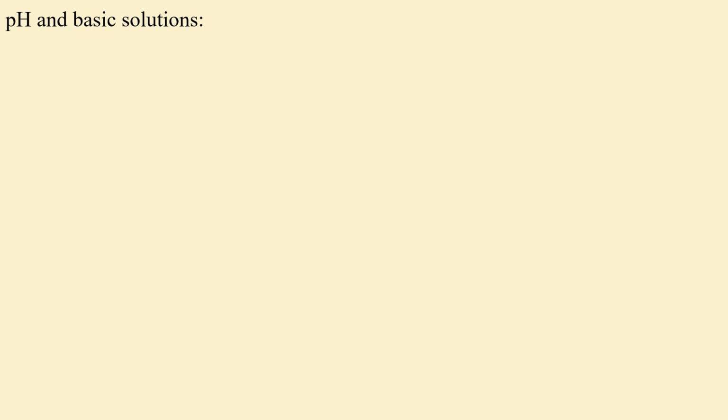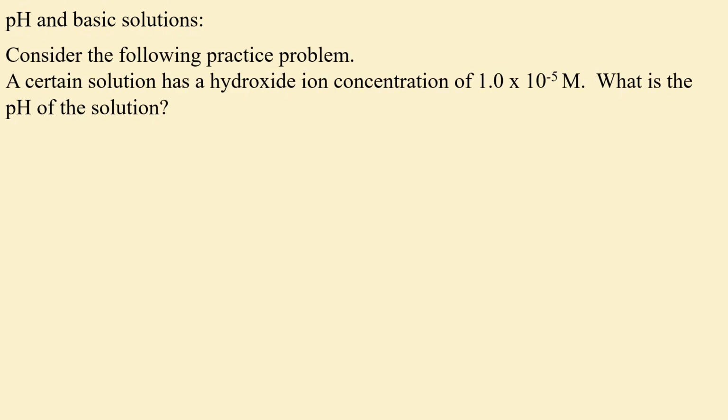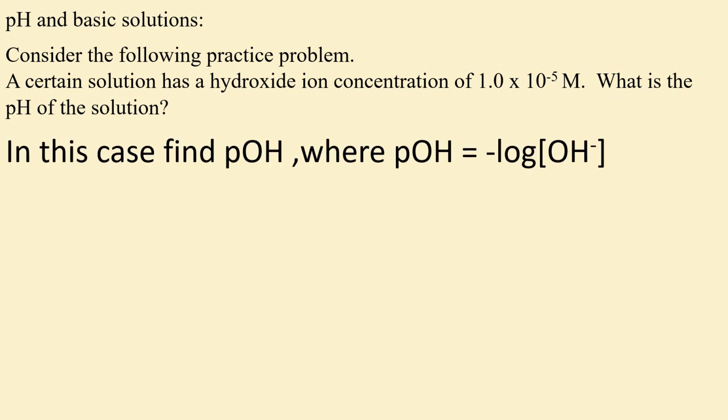pH and basic solutions. Consider the following practice problem. A certain solution has a hydroxide ion concentration of 1.0 times 10 to the minus 5 molar. What is the pH of the solution? In this case, we must find pOH first, where the pOH is equal to the negative log of the concentration of hydroxide ion.